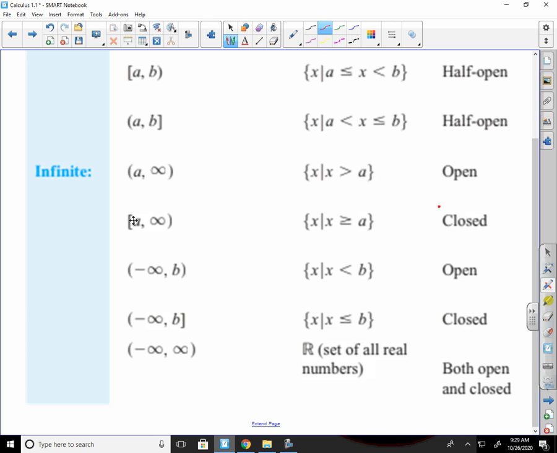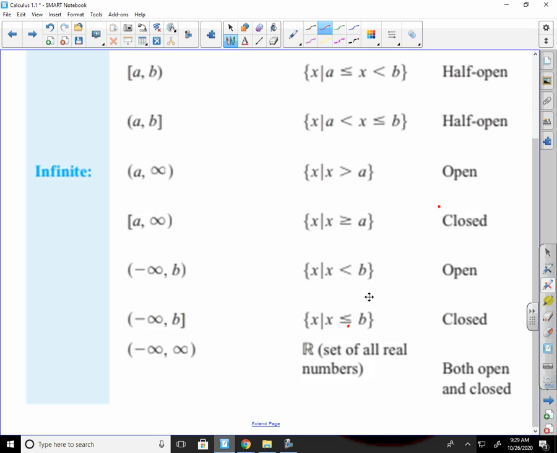Closed is if it's closed on this side, x is greater than or equal to a, and then going on to infinity. Open if x is less than b, because it's all the numbers that are smaller than b going to negative infinity. Closed if it's x less than or equal to b, simply because we have the equal sign underneath.